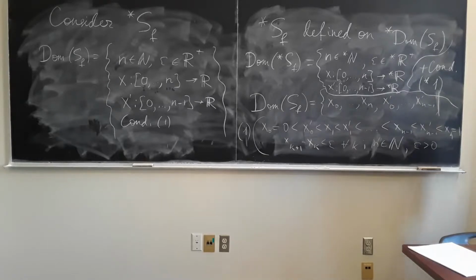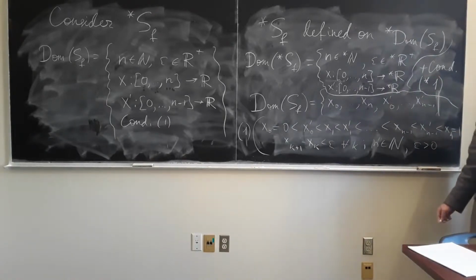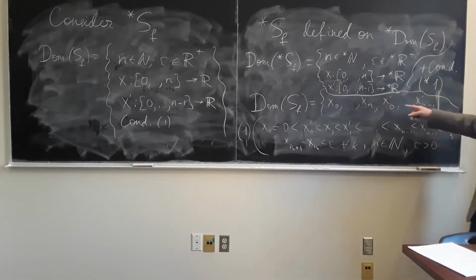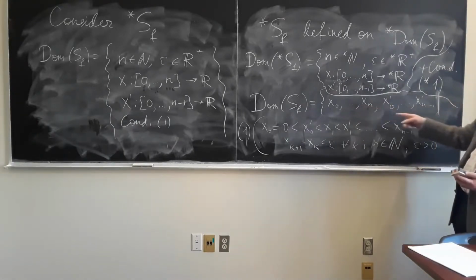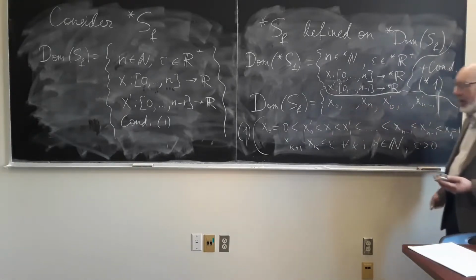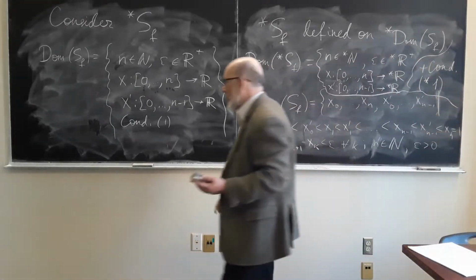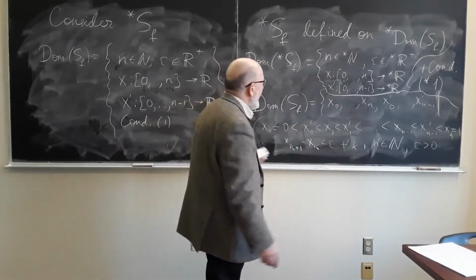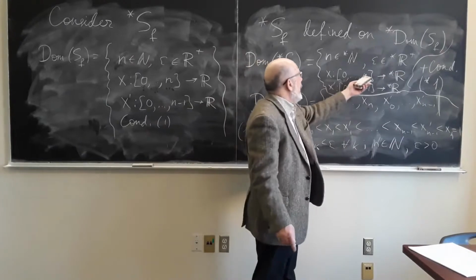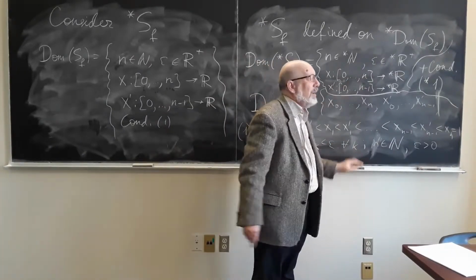Condition 1 says exactly these things, and condition star 1 is written and says exactly the same. So the points 0 and all these points are in one-to-one correspondence with numbers in this segment.